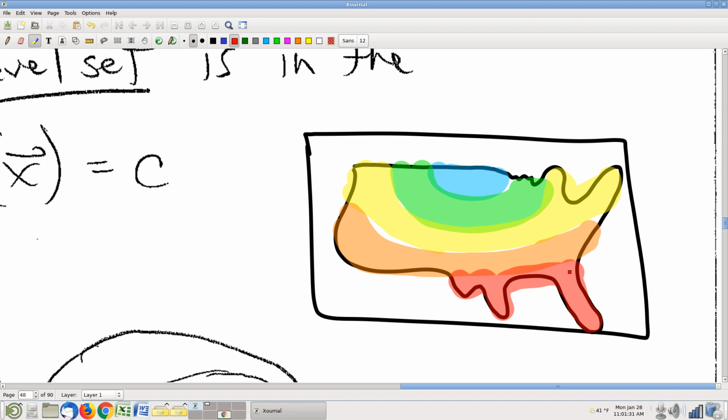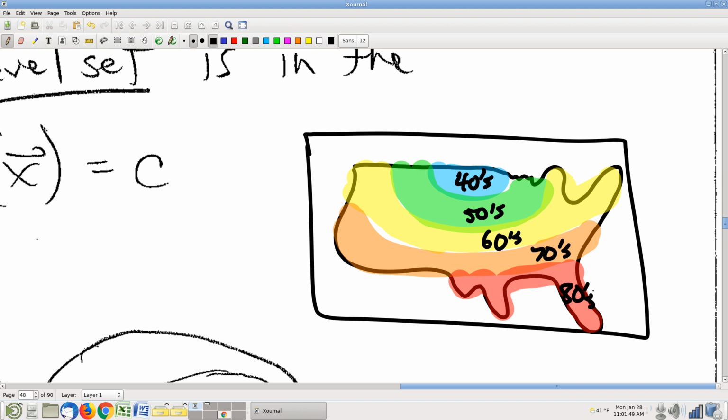So what we're actually looking at is kind of level sets. And in particular, they'll draw stuff like 40s, 50s, 60s, 70s, 80s. Right?